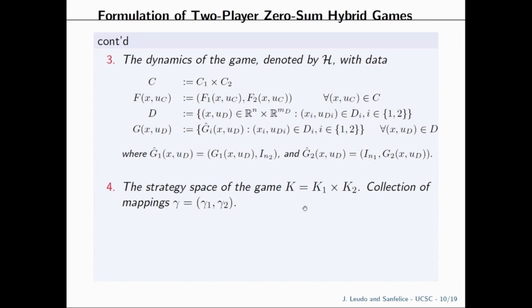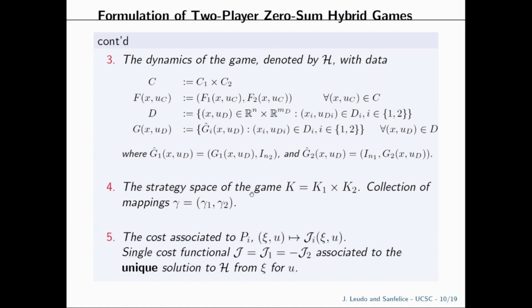The next element is the strategy space of the game K, that is a collection of mappings gamma as feedback laws, and the cost associated to each of the players K_i. But we're interested in the case of analyzing when there is a single cost functional. So the player P1 has a cost that is minus the cost of player P2.